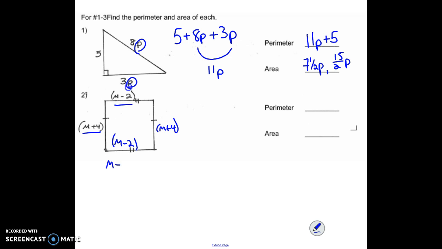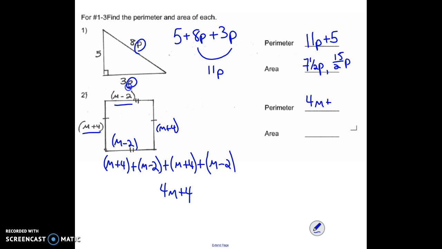So let's just do m plus 4 plus m minus 2 plus m plus 4 plus m minus 2. And I've got 1, 2, 3, 4 m's. And I've got 4 minus 2 is 2, plus 4 is 6, minus 2 is 4. So that goes right here, 4m plus 4.